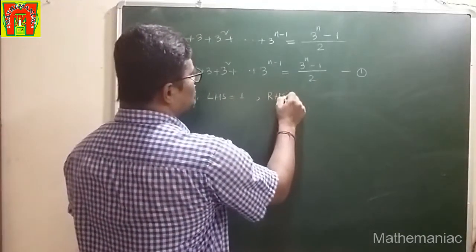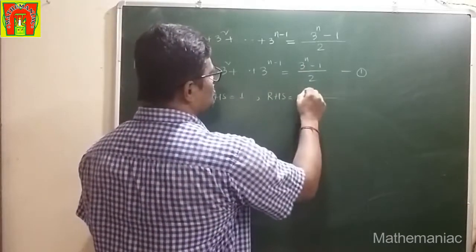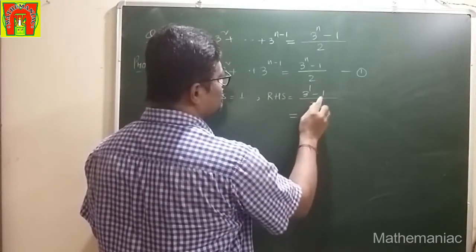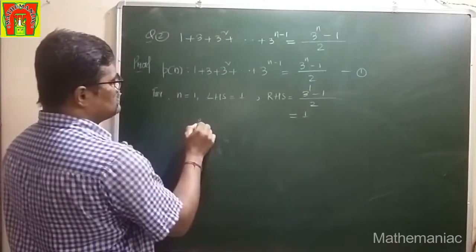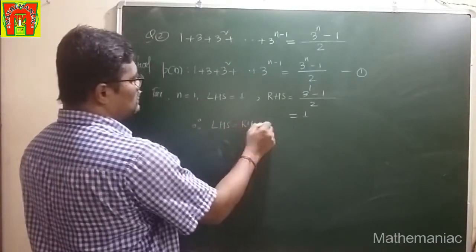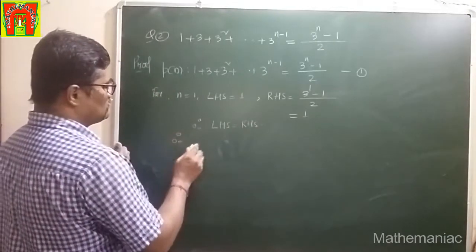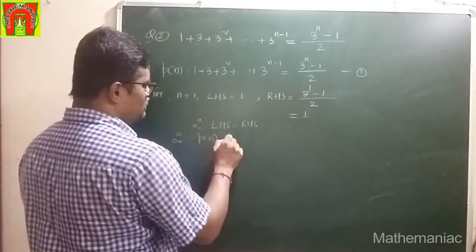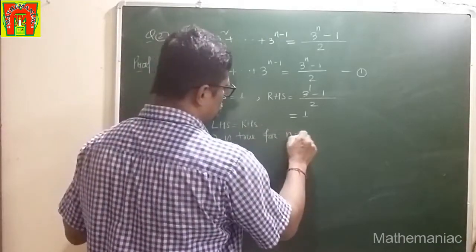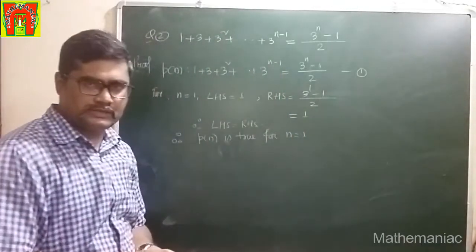I write RHS here. If you put 1 for n, you'll be getting this as 2 by 1. That means LHS equal to RHS. Therefore, Pn is true for n equal to 1. So one thing you did.